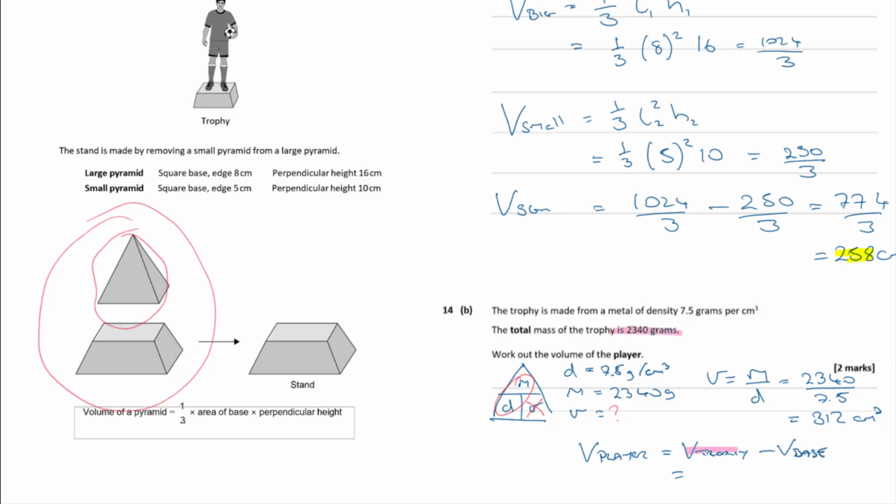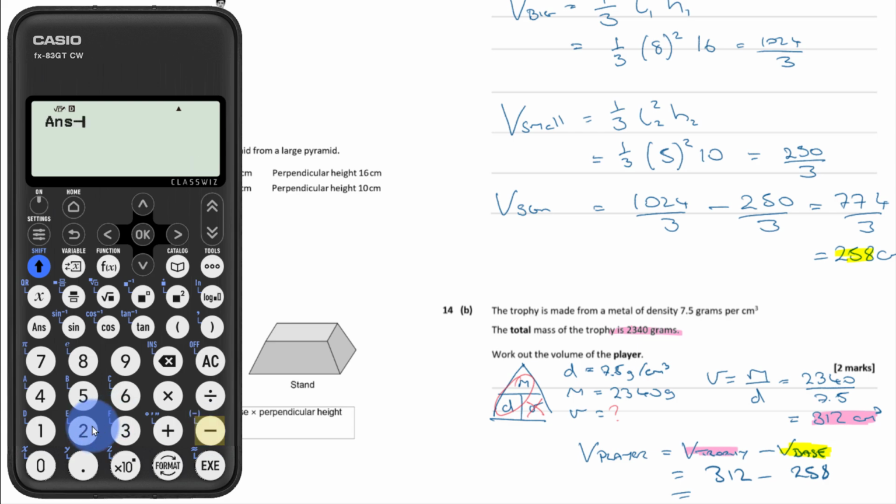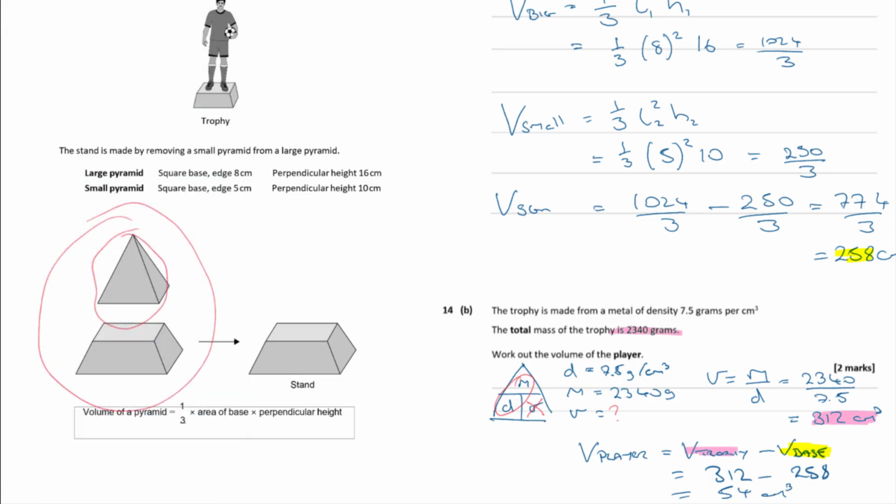The volume of the trophy is 312, and the volume of the base was 258. So 312 minus 258 comes out to be 54 cubic centimeters.